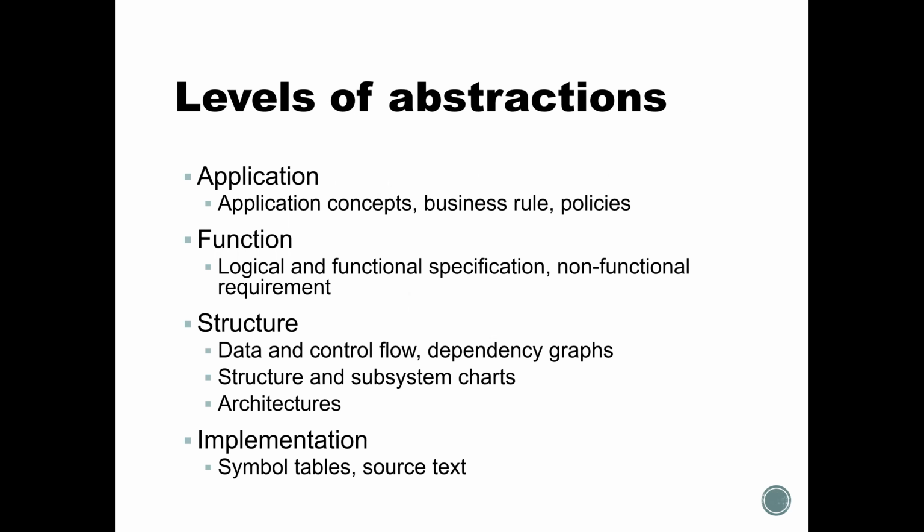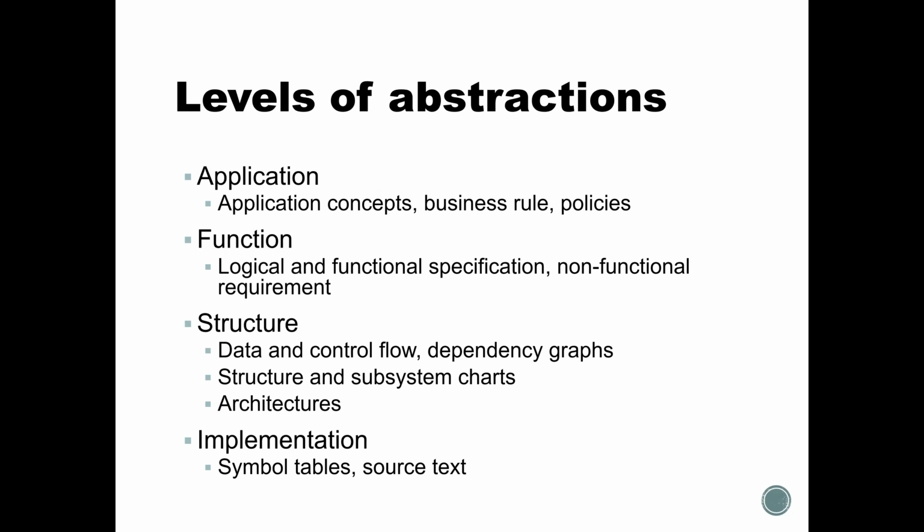What are the different levels of abstraction? So the levels of abstraction can be application, function, structure, and implementation. When we talk about application, we are mainly focused on concepts, the business rules, and the policies. So the application means the actual product which we are going to hand over to the customer.